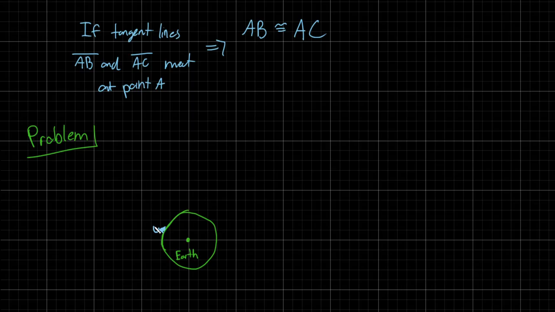So I'm going to draw 2 little satellites on the side of Earth. One right here, and one roughly right here. Now, this signal has to hit what out in space? Yeah, a satellite.